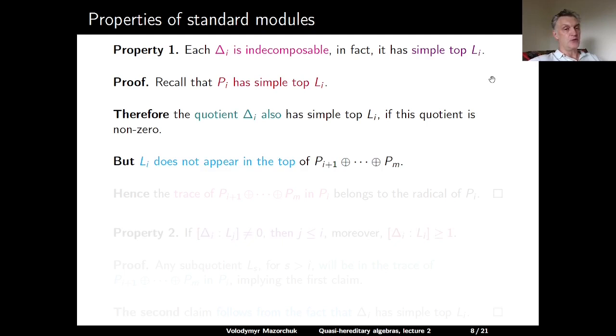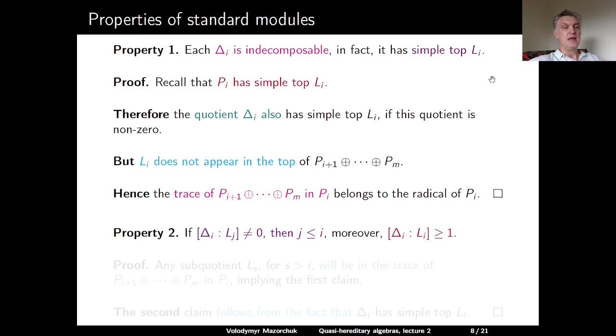But Li, of course, doesn't appear in the top of projectives indexed by higher indices. So when we take our trace to define delta I, we cannot cover the top constituents Li in our Pi because it doesn't appear in the top of any projective Pi plus 1, Pi plus 2, and so on, Pm. So this trace actually belongs to the radical of Pi, and so the quotient is non-zero. And this proves property 1.